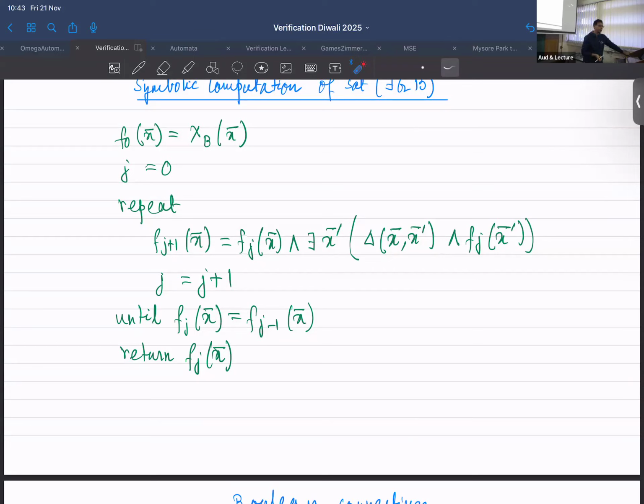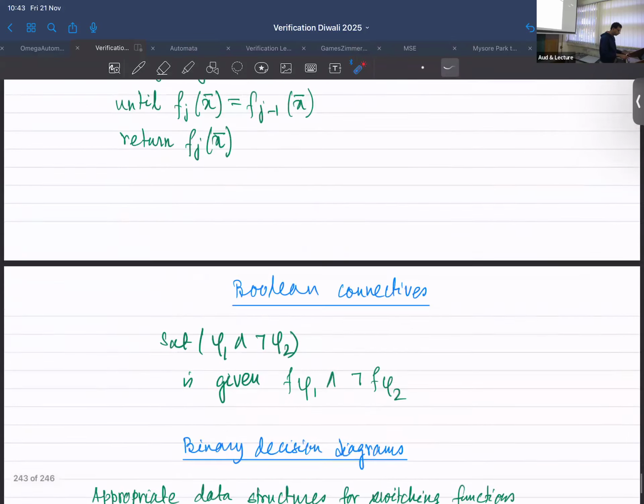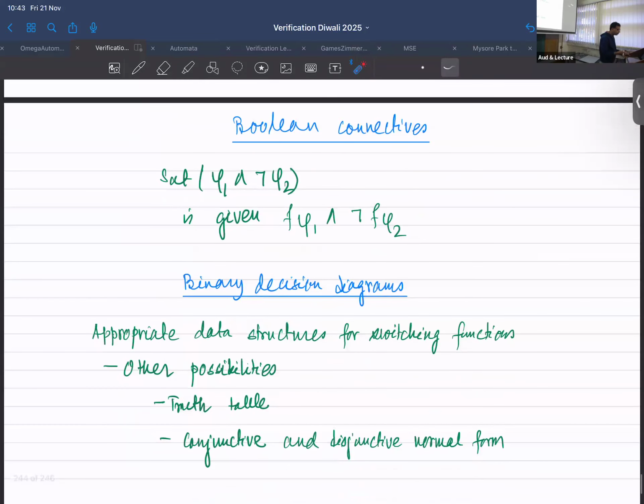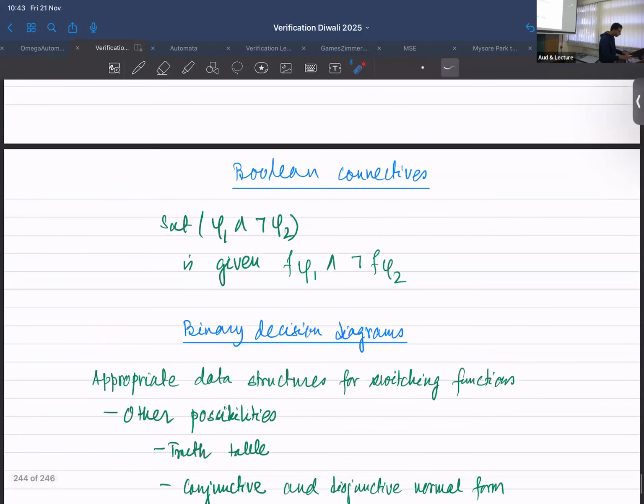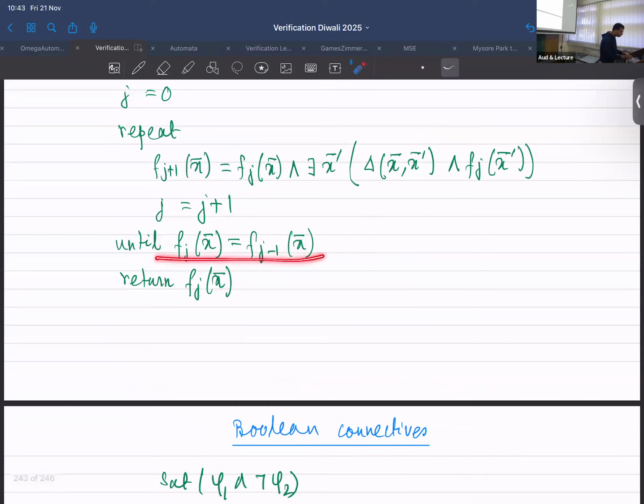And when you have the Boolean connectives, you can use this inductively to define the function. If you have phi1 and negation of phi2 and so on, right? As I was saying, this is where the BDDs, the ROBDDs, can be useful.